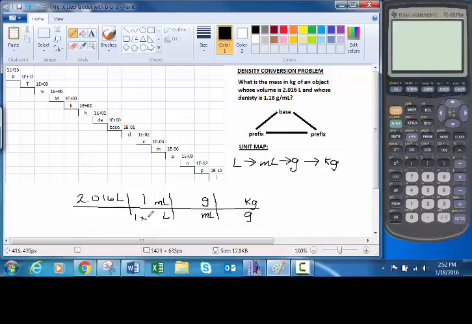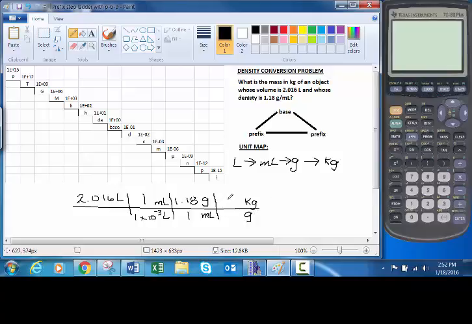So that is the number that we're going to write with liter. In this part of our conversion table, we're trying to relate the idea of gram and milliliter, and this corresponds to our density. So there are 1.18 grams for every 1 milliliter.